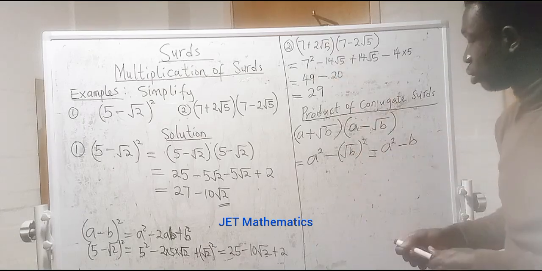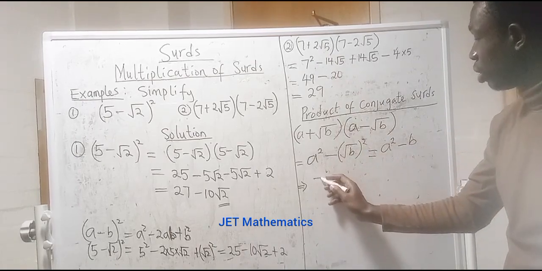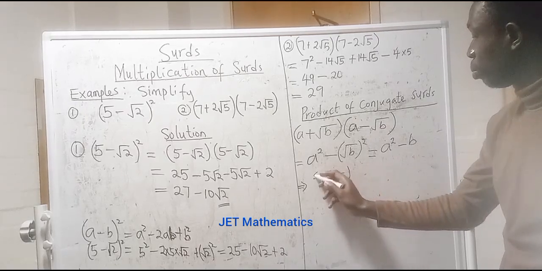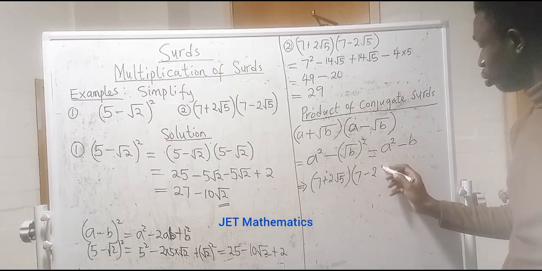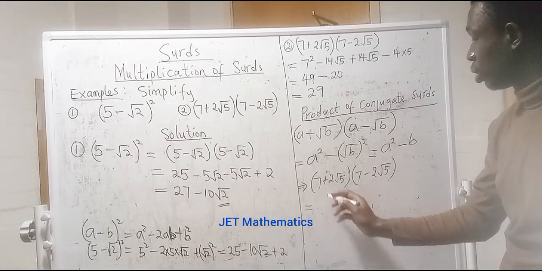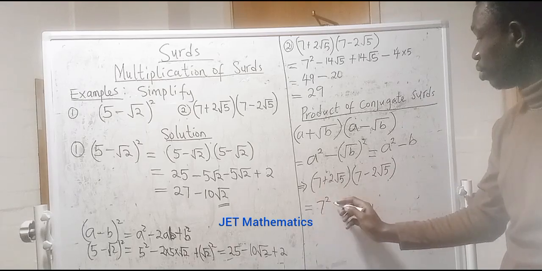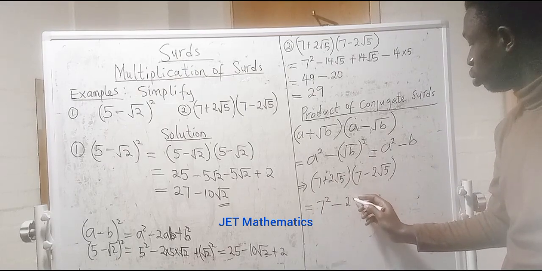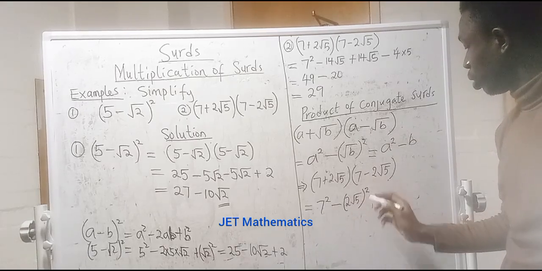So quickly let's apply it to example 2. If we have 7 plus 2 root 5 multiplied by its conjugate, 7 minus 2 root 5, that gives us 7 squared, the first term, minus the second term, 2 root 5, all squared.